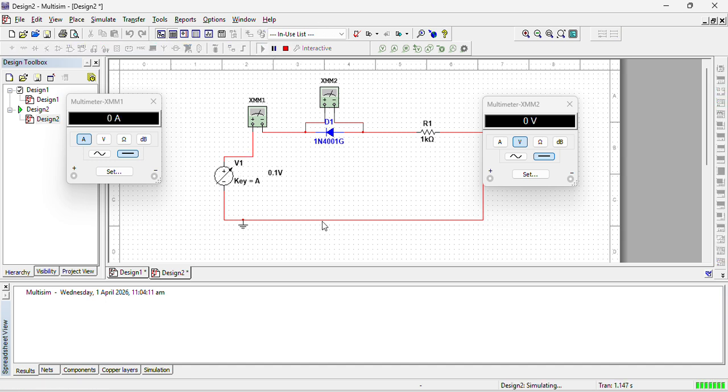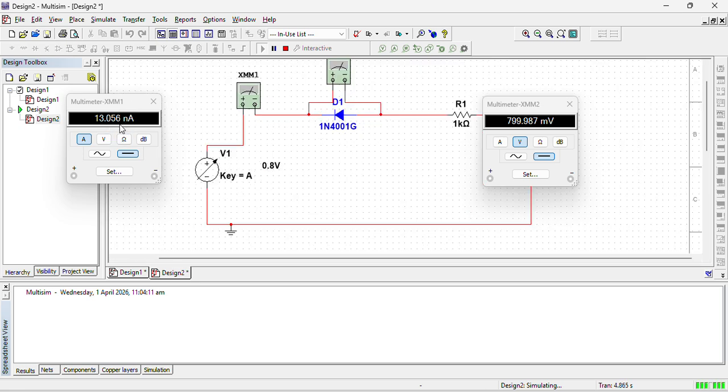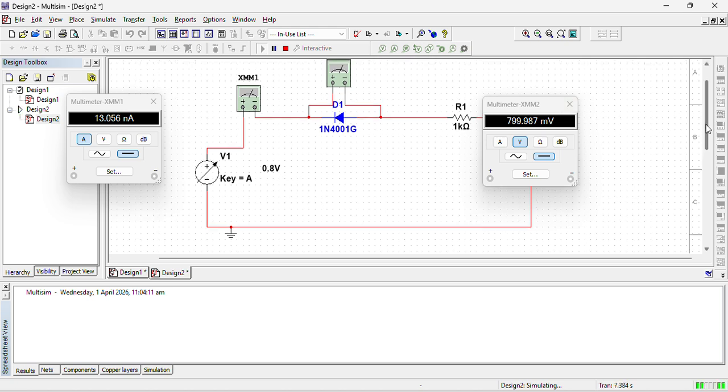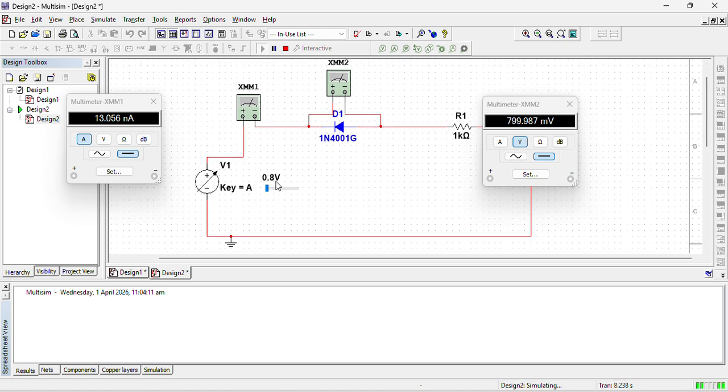Now because this is reverse bias, there is a very minute amount of current due to minority charge carriers, while the whole supply voltage appears across the diode. That means the resistor gets nothing. This is the load and the load gets nothing.